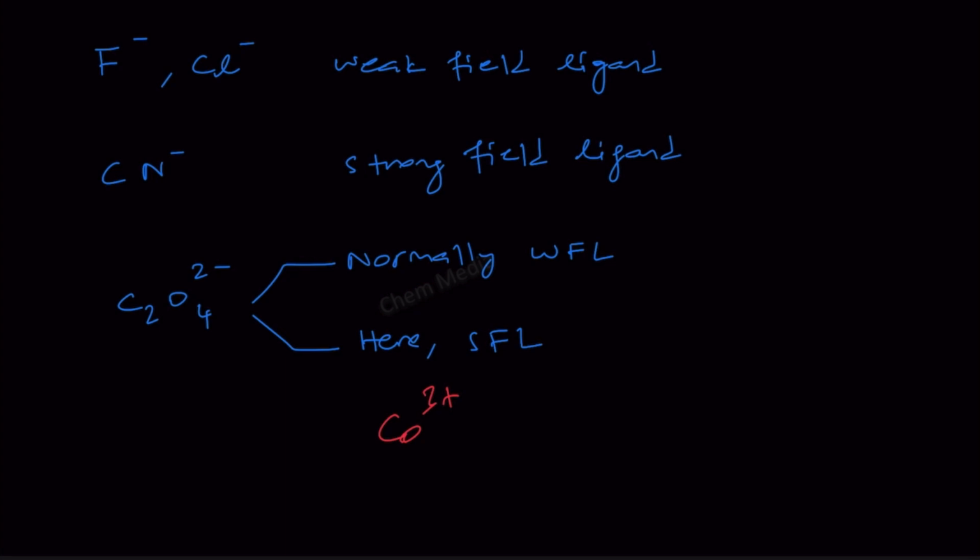When a metal ion is in a high oxidation state like +3 for cobalt, its attraction to the oxalate ligand is stronger, causing a larger splitting of the d orbitals and making the complex low spin. So we have to consider oxalate in this case as a strong field ligand instead of a weak field ligand.